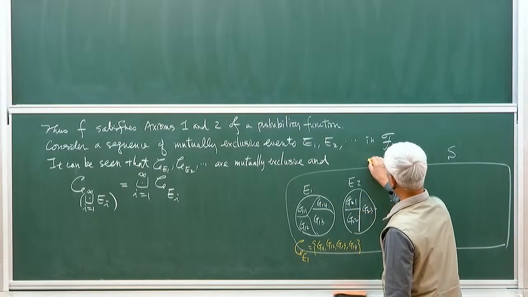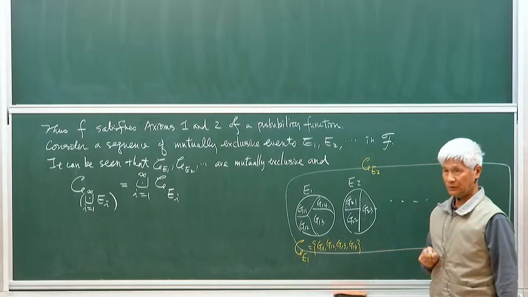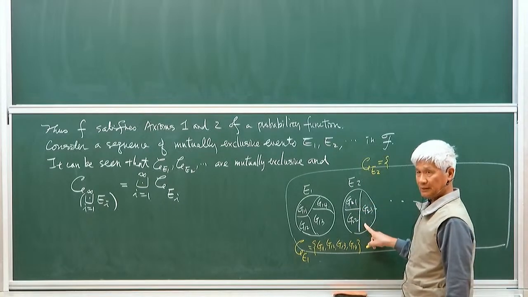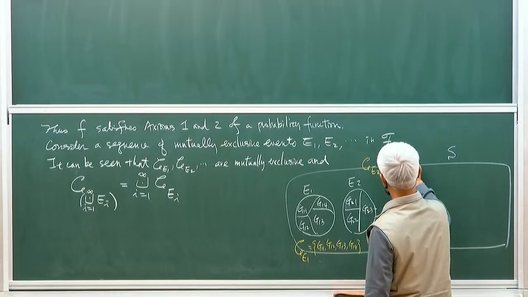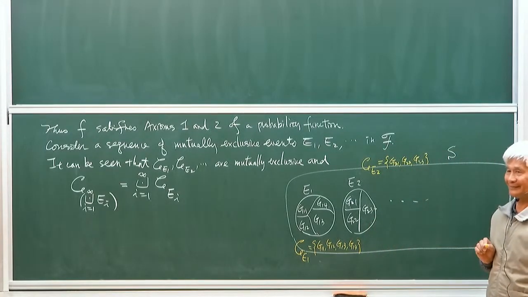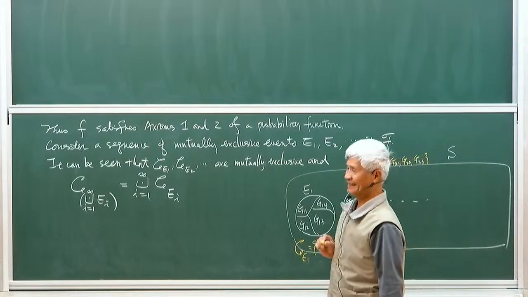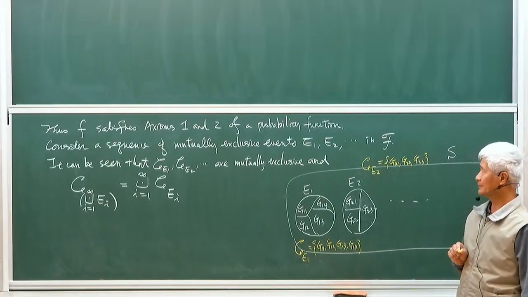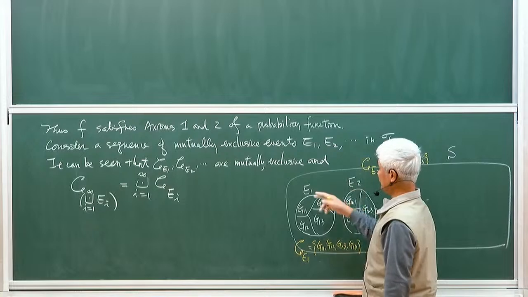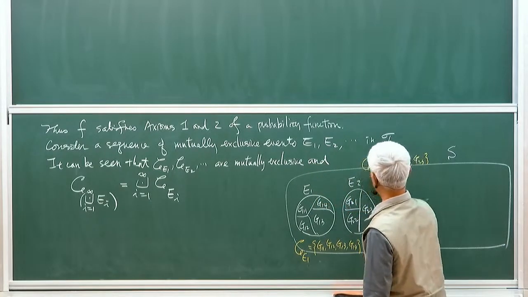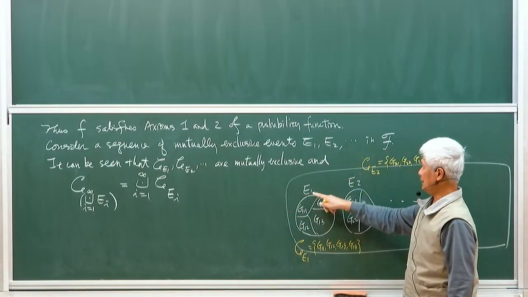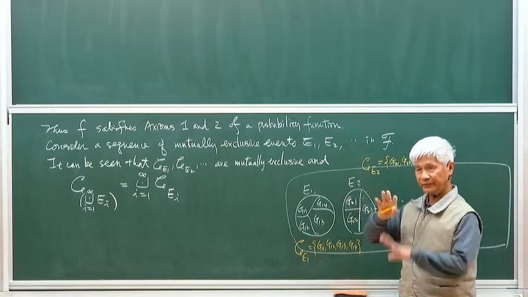And for C_{E2}, because inside E2 there are three atomic events, we just write them down, etc. Because the E_i are mutually exclusive, the atomic events contained in the individual events E_i will be different from each other.